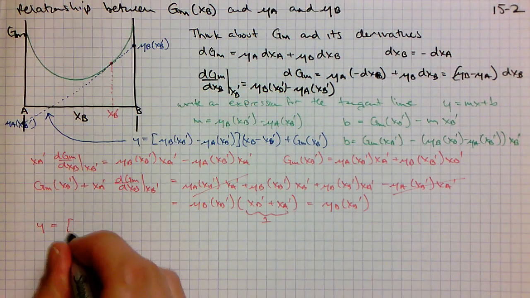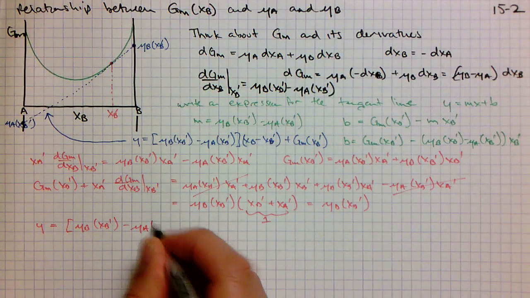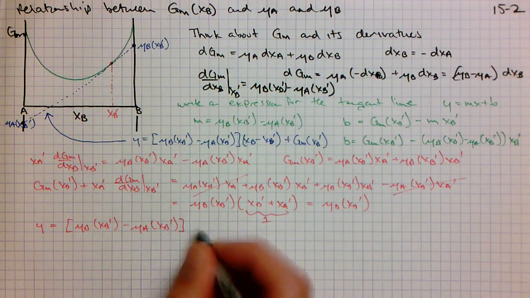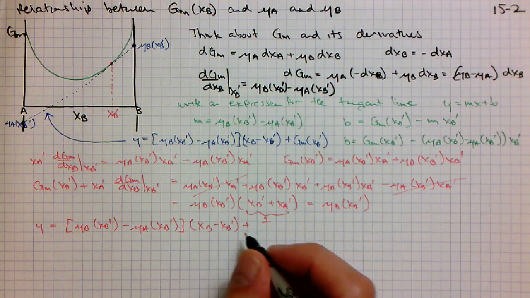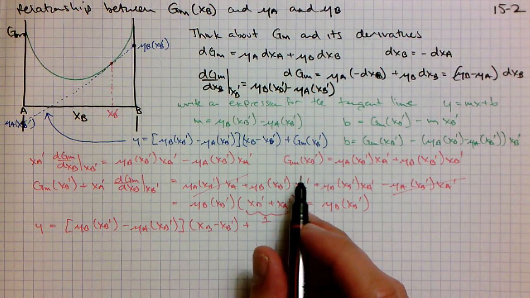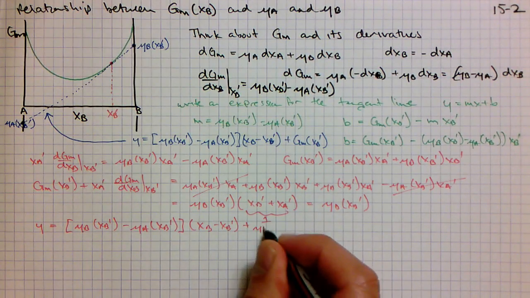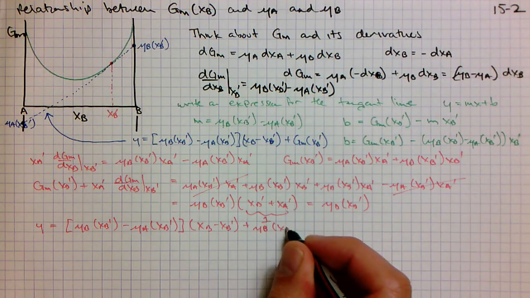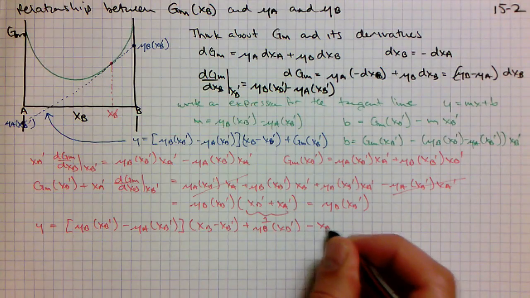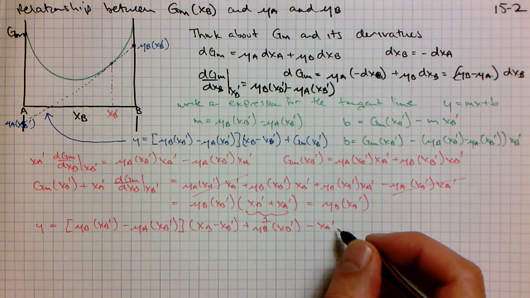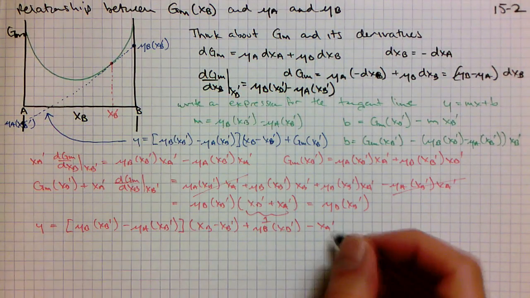We can write this as mu b xb prime minus mu a xb prime times xb minus xb prime plus, and now we put in our expression for gm, which we're going to write as mu b xb prime minus xa prime times dgm/dxb at xb prime.